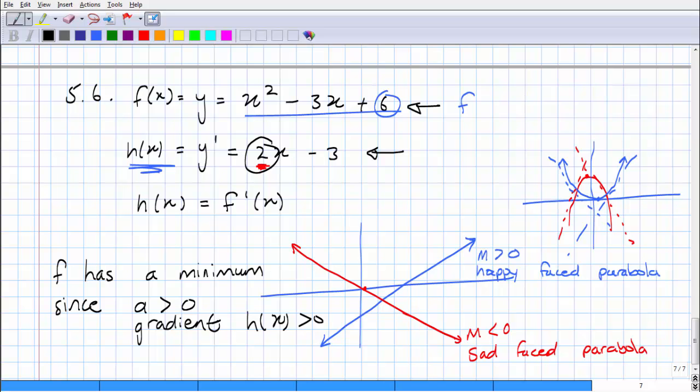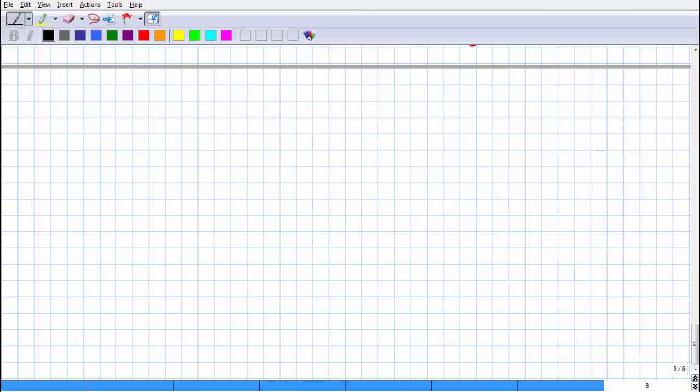Then the next one, they ask, write down the value of the maximum gradient of the tangent. So what is the maximum value? Well, you literally look at your graph, h of x, and you ask, when is h of x at a maximum?